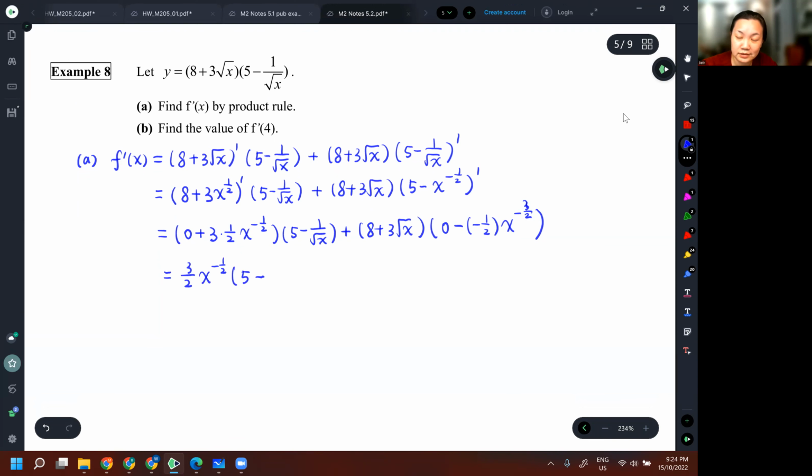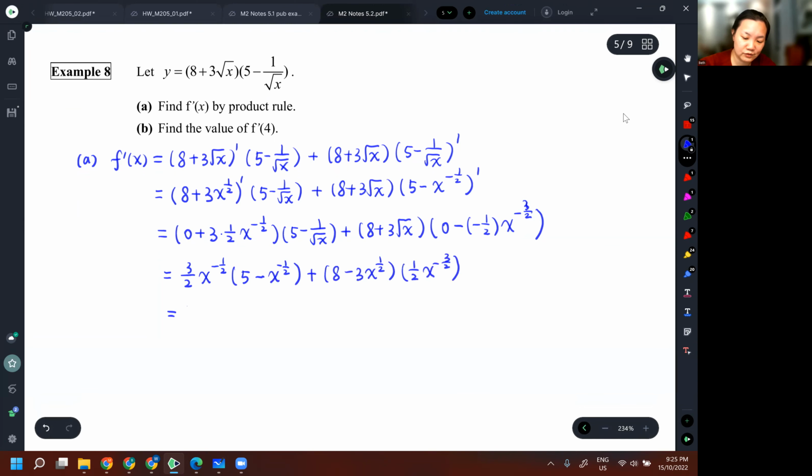5 minus, now to make this easier to expand, I will do this. I think, to me, that's easier. You may not agree with me, okay? And that's not the end.